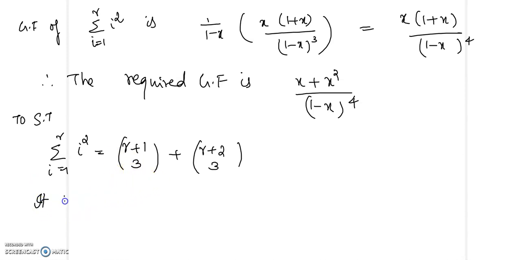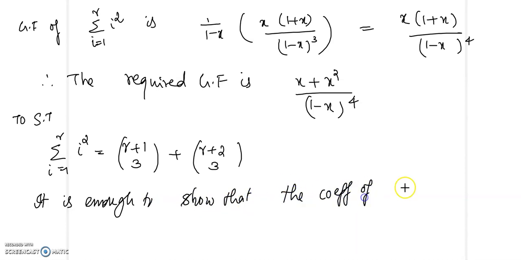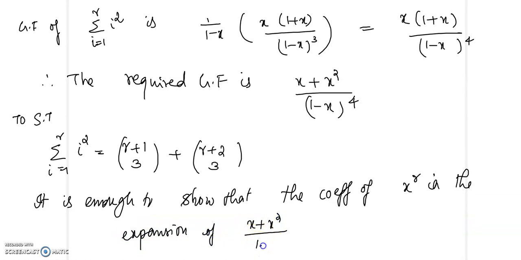So it is enough to show that the coefficient of x power r in the expansion of x plus x square by 1 minus x whole raised to 4 is r plus 1 c3 plus r plus 2 c3. So let us write the series for x plus x square by 1 minus x whole raised to 4.